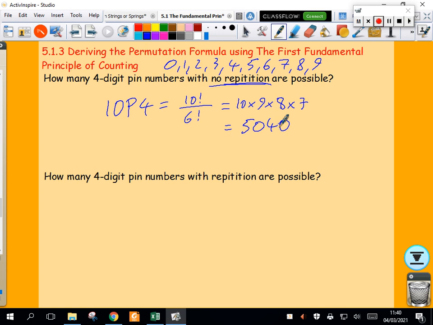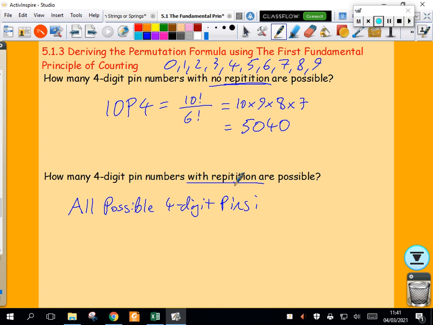Okay? How many 4-digit pin numbers with repetition are possible? Well, this is more tricky. What I'll do is I'm going to first look at all possible 4-digit pin numbers, where some of them will have repetition, but some of them won't. It's obviously going to be bigger than 5,040 if I include all these. So I'm going to use the first fundamental principle of counting to establish how many 4-digit pin numbers are possible, ignoring the with repetition part first.